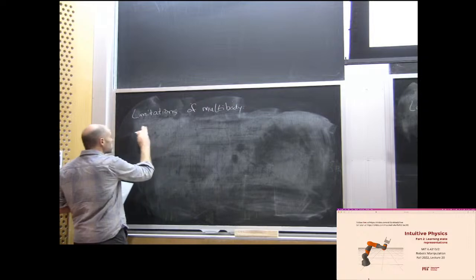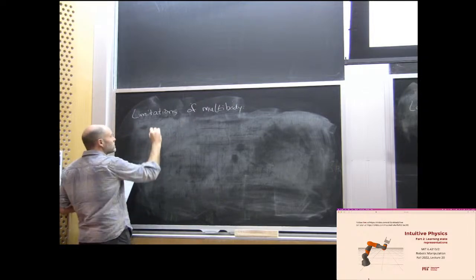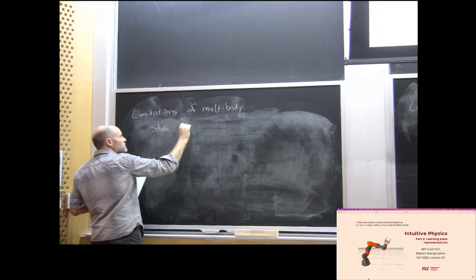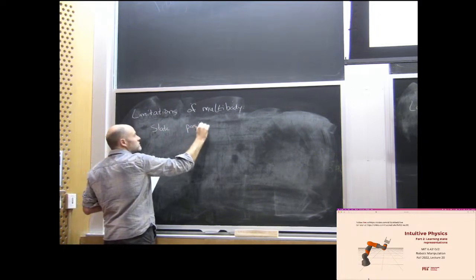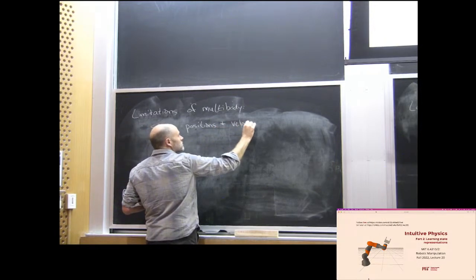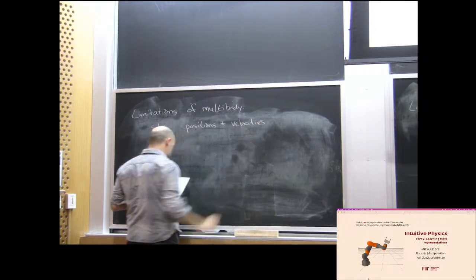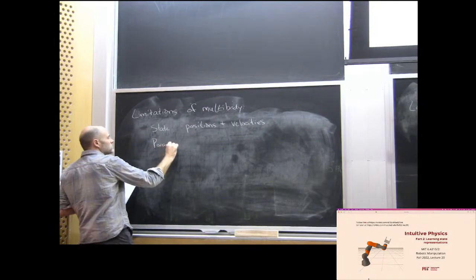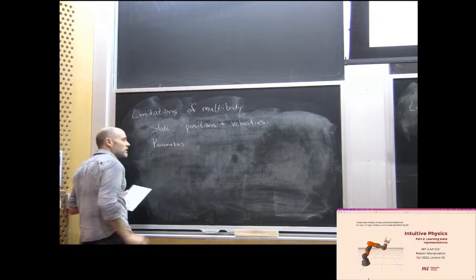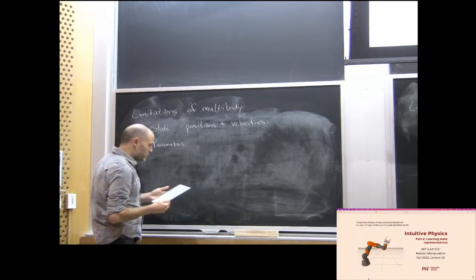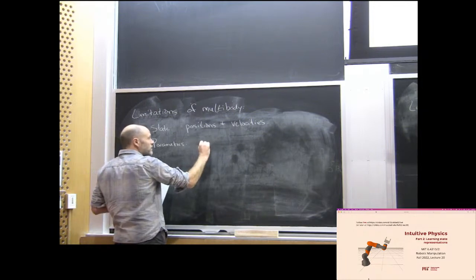To be clear, when I'm talking about the multi-body, we've been talking about our state representation being positions and velocities. And our parameters, we saw in the last lecture, are only of a few types, right?